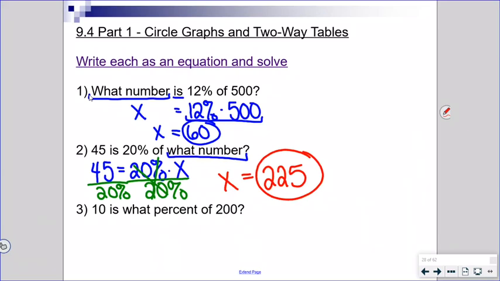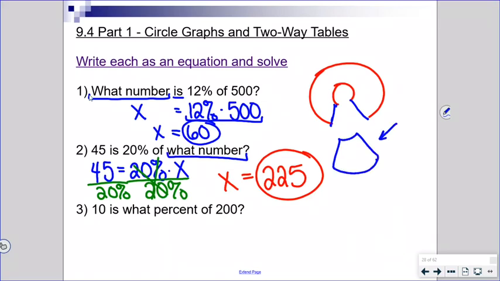So keep in mind, just say that that's a donut, right? If I were to take a chunk of that donut and eat that, don't make fun of me. If that little piece that I just ate represents 20% of the donut, so that's 20%, and that little piece is 45 calories, I'm asking you to find out the missing parts.